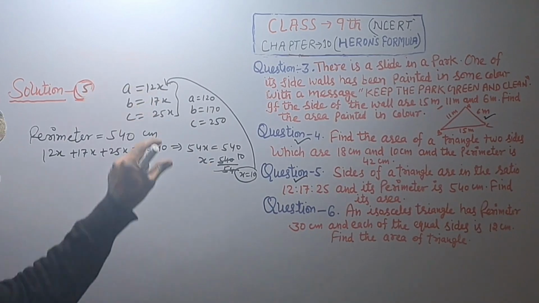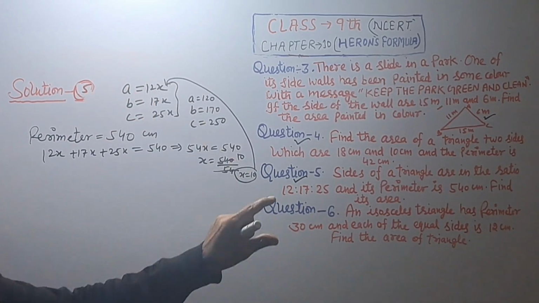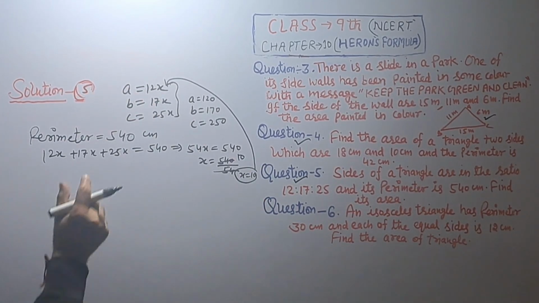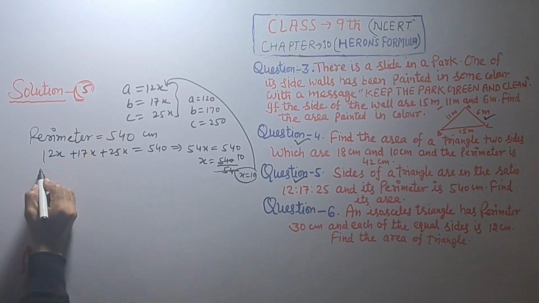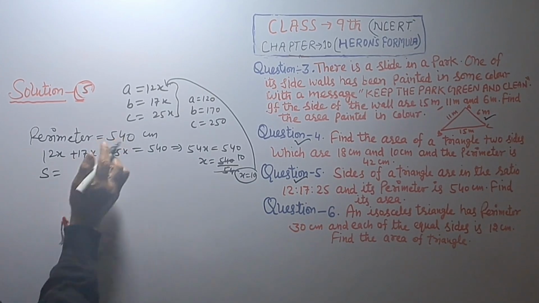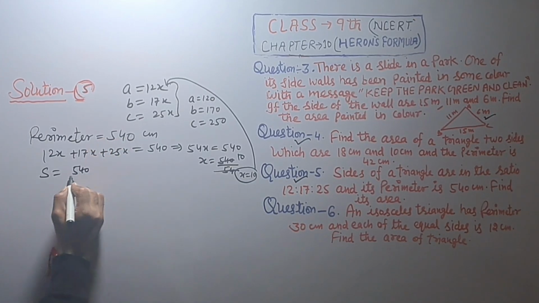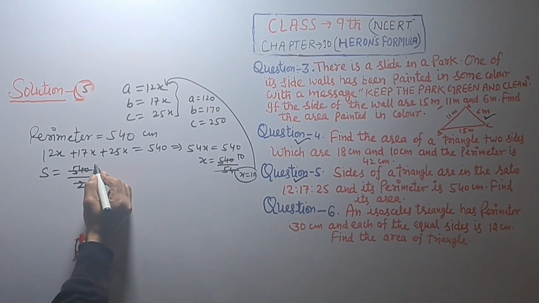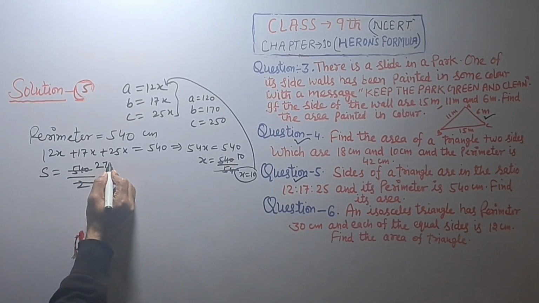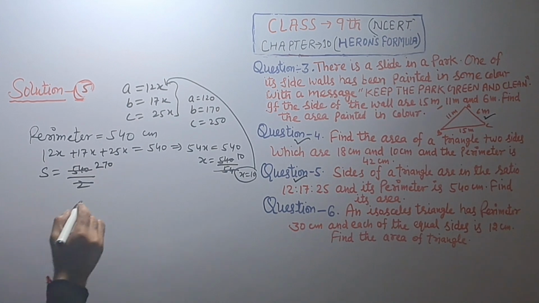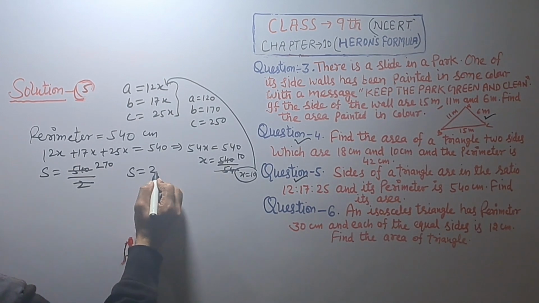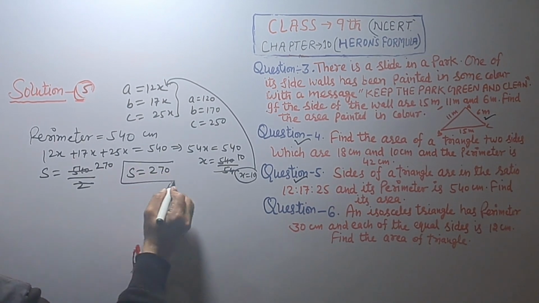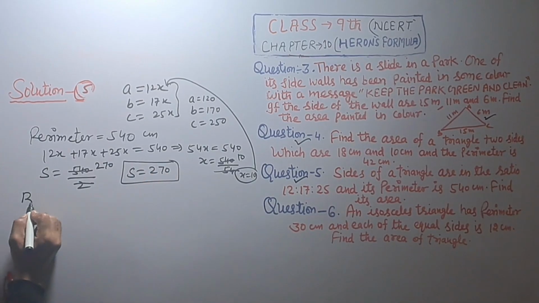We find the value of a, b and c, and perimeter is 540, s is equal to half of perimeter, that is 540 upon 2, that is 270.